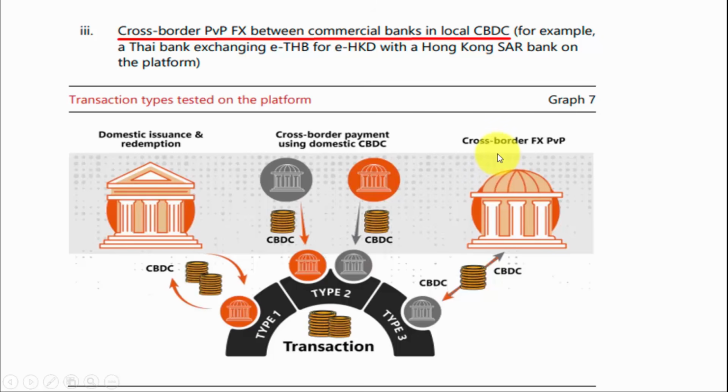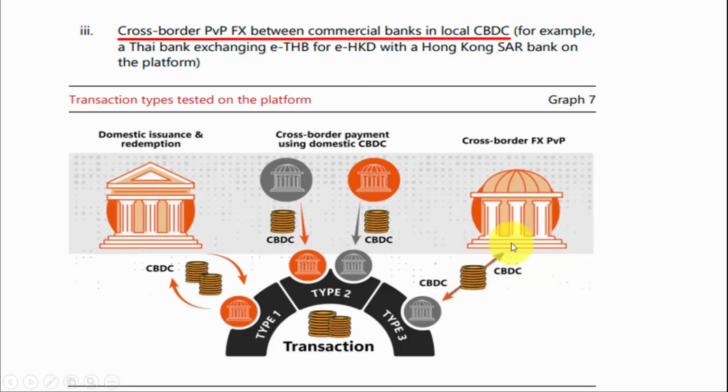And the third one is basically a cross-border FX payment versus payment, and that's where a swap is made. So one bank has their CBDC and the other bank has their CBDC, and here it gives the example: a Thai bank is exchanging its CBDC for the CBDC of a Hong Kong bank, and they both want to do an exchange of CBDCs.